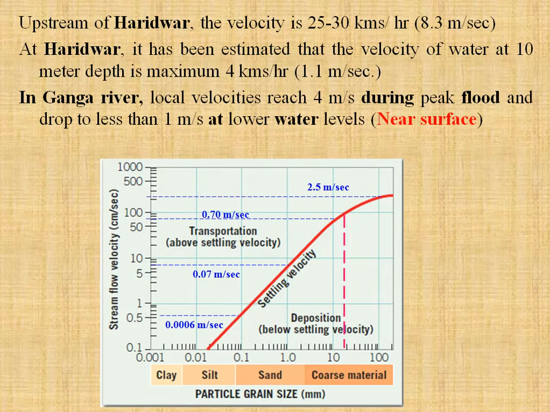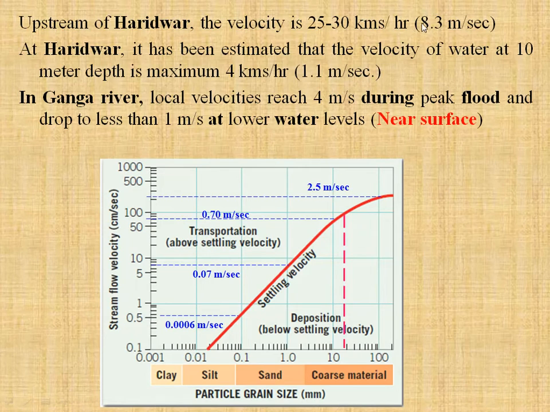As an example, I can tell you that the velocity of water is around 25 to 30 kilometers per hour in the upstream region of Haridwar, that means in the Himalayan region. The velocity is 8.3 meters per second. As I had discussed, for moving a sediment size of 10 centimeters, you need a velocity of 2.5 meters per second.